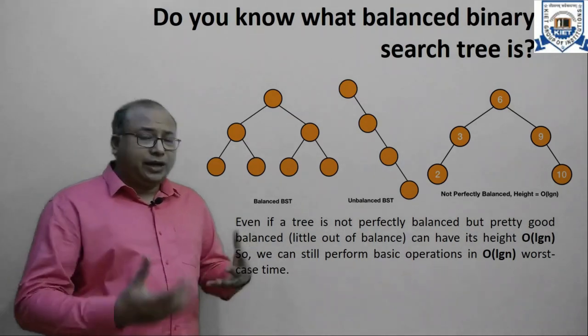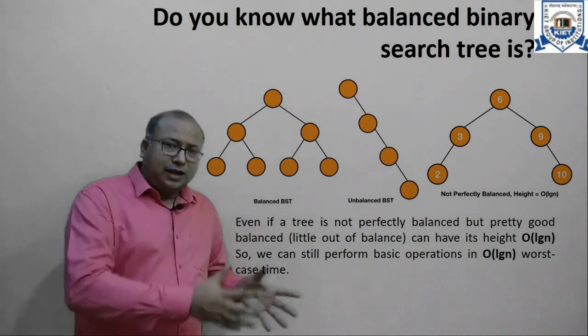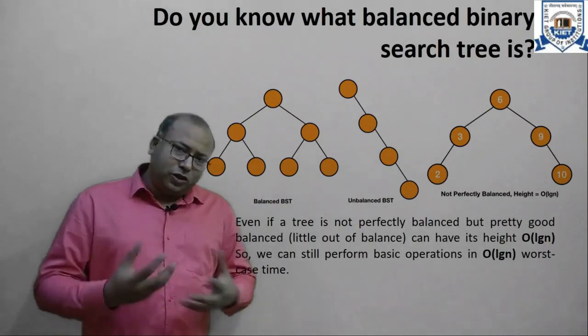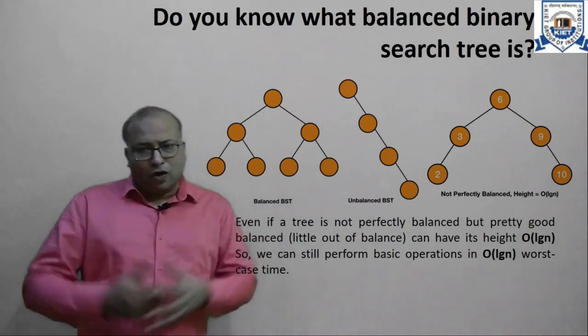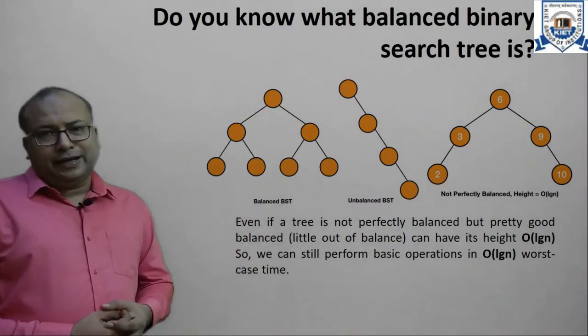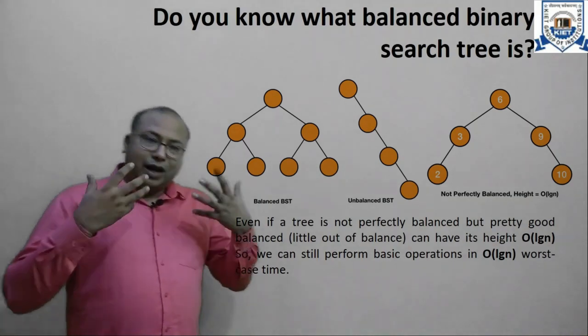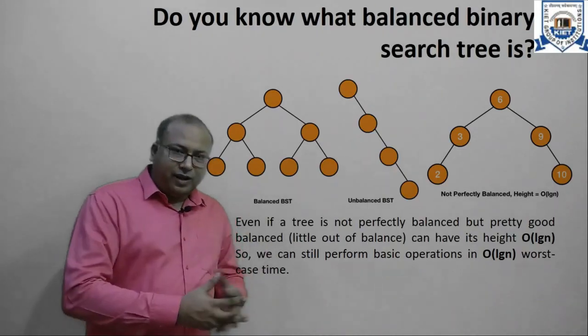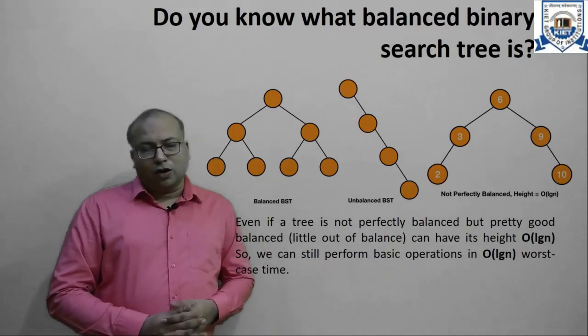What will happen if the tree is not balanced? The main advantage of the binary search tree is that the complexity of all major operations always remains of order log n. If you are inserting an element, it completes in order of log n time. If you are deleting an element, again it completes in order of log n time. In the same way, searching completes in order of log n time.